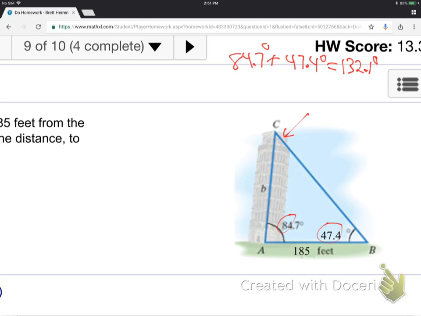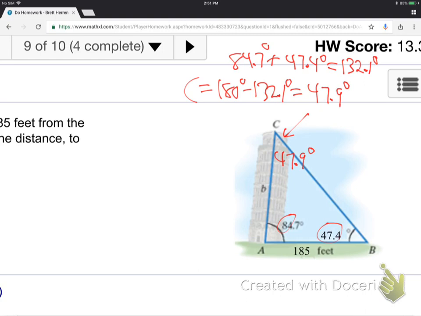Okay, and then C will be 180 minus the 132.1, which is 47.9. We're doing that right? So C is 47.9 degrees. Good, now we have angle C.